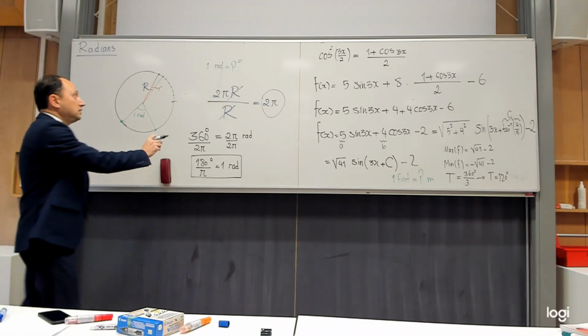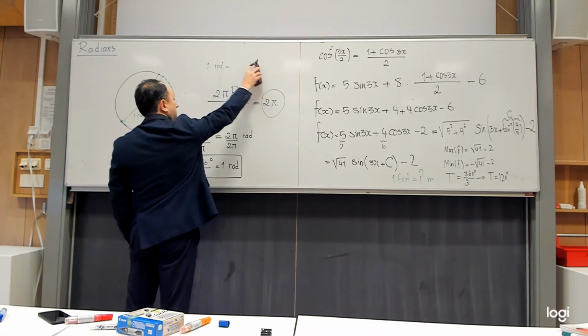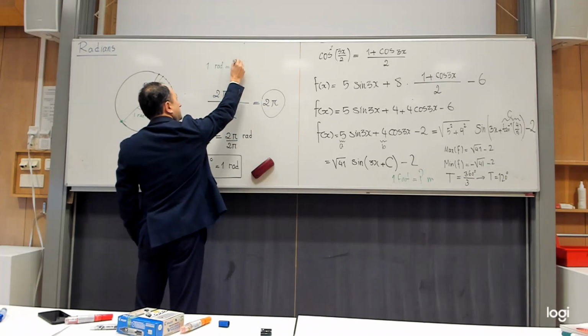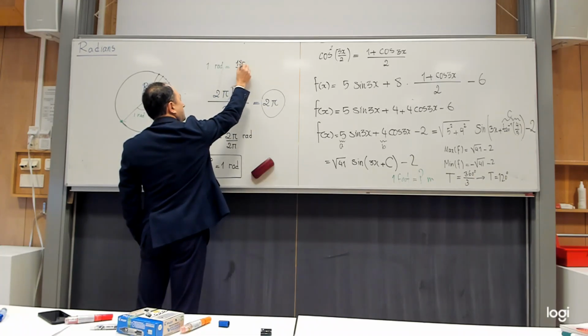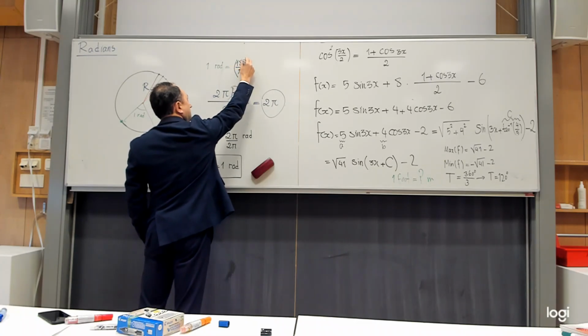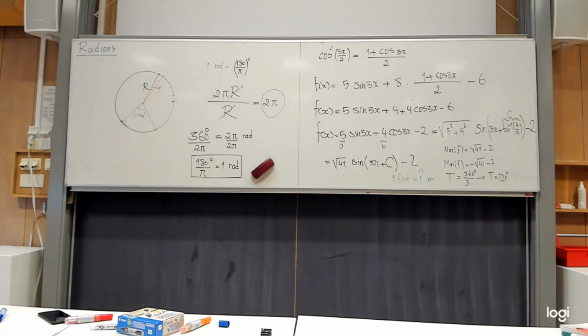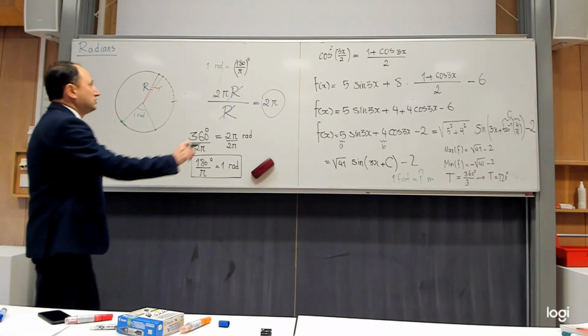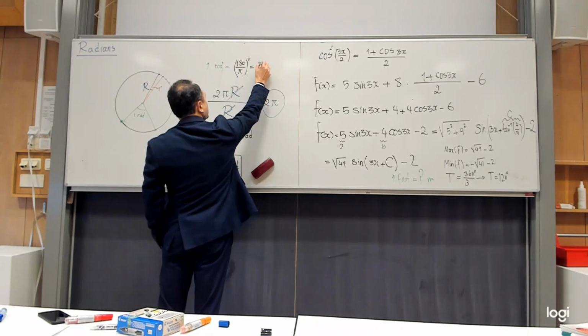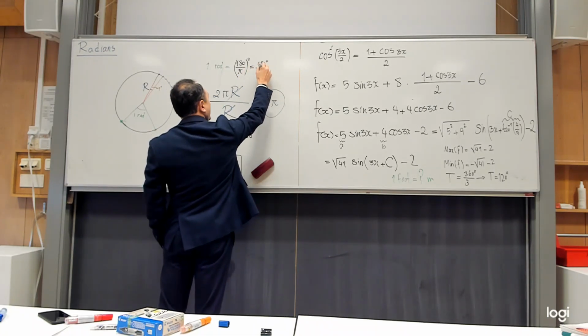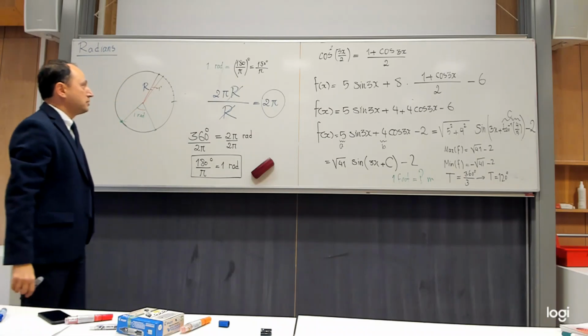Yes, so 1 radian, I can just clean this. I would prefer to put brackets here. So I would write 180 divided by pi, whatever it is, degree. Yes? Of course, it is also good to write 180 degrees divided by pi, because that's exactly the same thing. It doesn't matter actually.